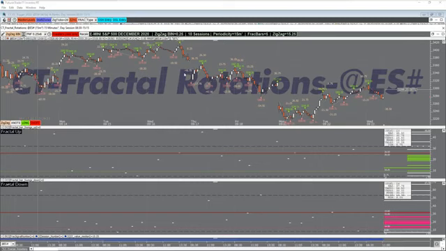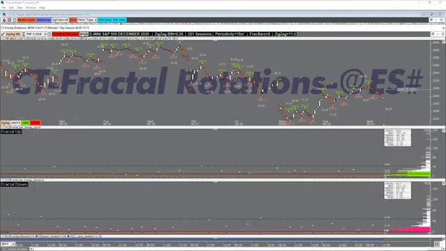If I look at an RTH 15-minute bar chart going back a year, I should not be trading with less than a 13-point stop, because in a 15-minute bar, the rotations are much bigger. It has nothing to do with the product's volatility. It has to do with the fact that you're looking at a much higher time frame. So all of a sudden it went from 4.75 or 4.5, whatever it was, to 12.75.